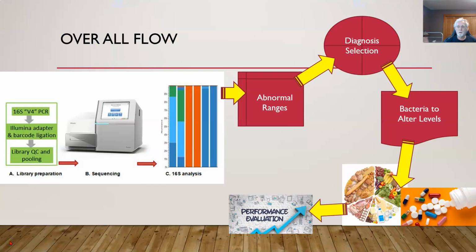If you have the information as to which bacteria, then the question is to look at the samples and determine which bacteria match that, and are desired to be altered to raise or to lower so that you counteract what is found.